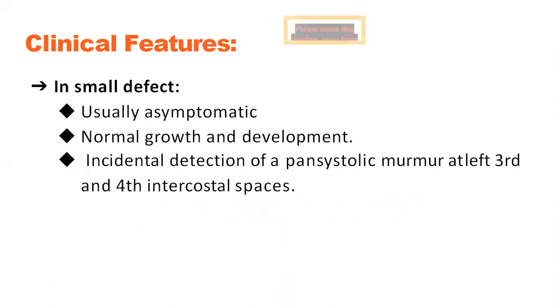Now, clinical features. In small defects, usually there are no symptoms. Growth is normal and other milestones are also normal. Incidental detection of a pansystolic murmur at the left third and fourth intercostal space may be seen.